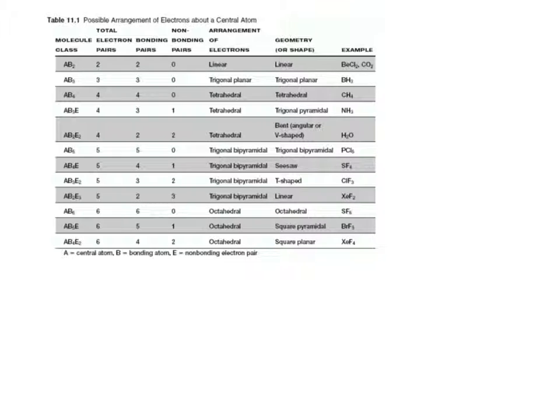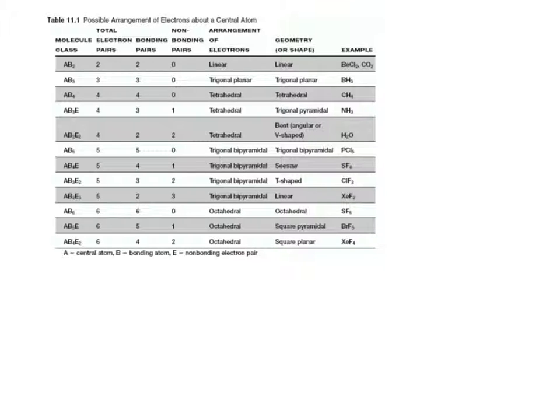We're interested in both total electron pairs around a central atom and also the ones that are non-bonding. So we have total electron pairs, which are the ones that both bond and don't bond, so lone pairs. And then we're going to manipulate the bonding and non-bonding ones to come up with a geometry. So let's look at that real quick.